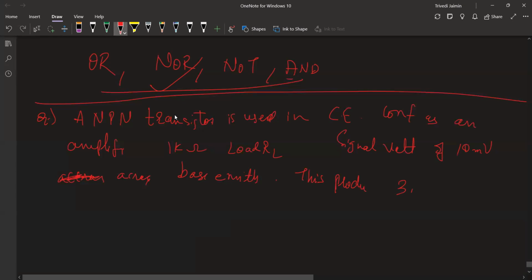This produces 3 milliampere change in collector current and 15 microampere in base current. So find out the input resistance of the amplifier.